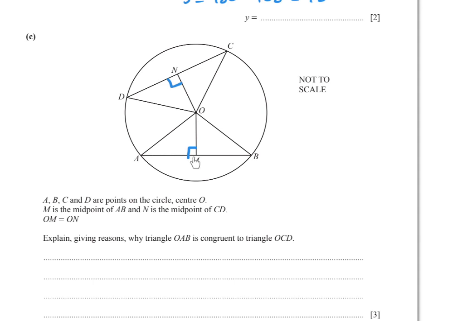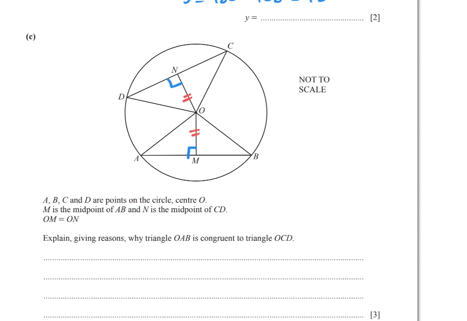So OM is perpendicular to AB, and ON is perpendicular to CD. Now if OM equals ON, you can deduce that the chord AB equals the chord CD.